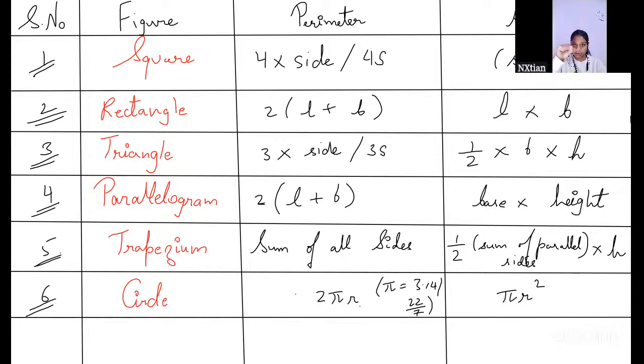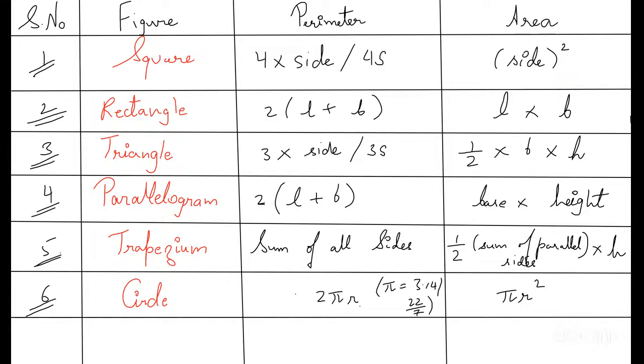Mark the center point. You are drawing a circle of radius 3 centimeters, so make the radius in the circle. Mark the center point O or anything. Make the radius and write 3 centimeters on the radius line. So this way we have to mark the diagrams.